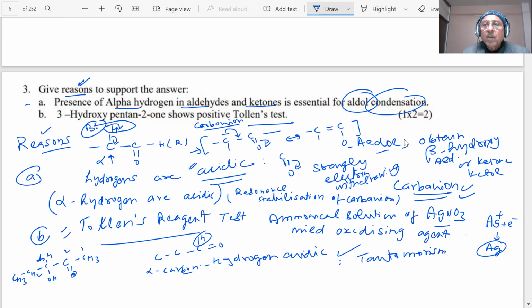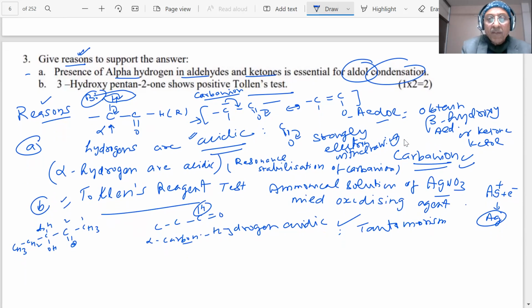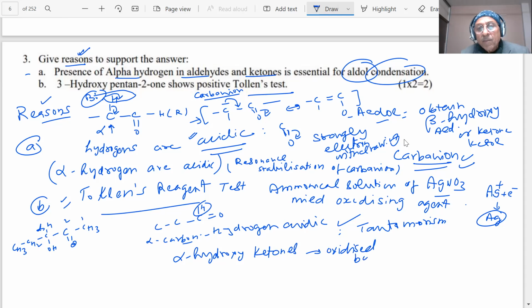So these alpha hydroxy ketones, what I am trying to say, student, now understand. Alpha hydroxy ketones are oxidized, students, by Tollens reagent, ammoniacal silver nitrate, to aldehydes.